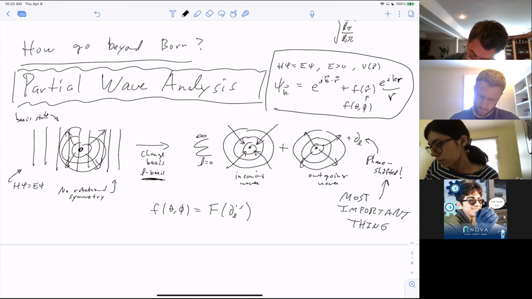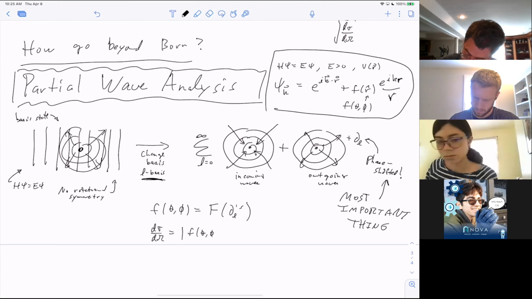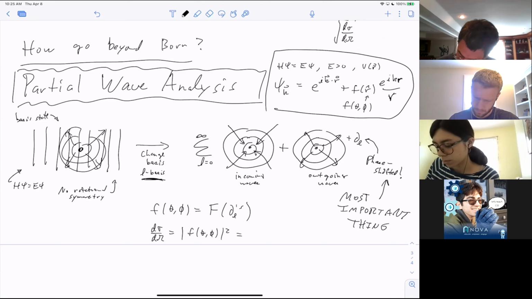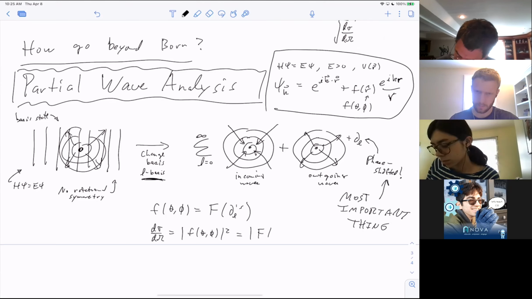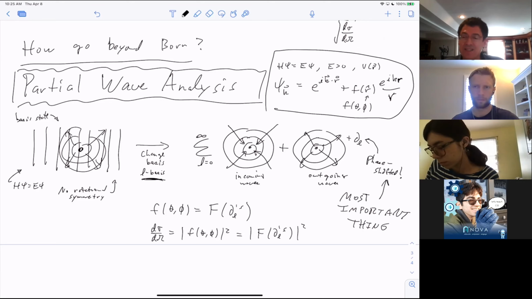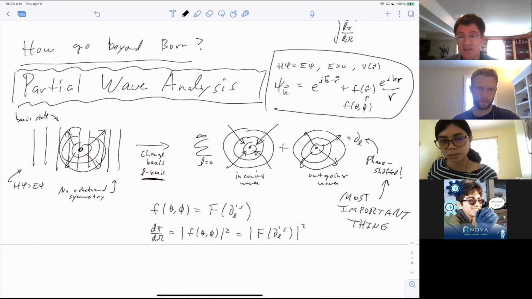And remember that d sigma d omega, which is experimentally the most important thing, is the scattering amplitude squared. So I can write the differential cross section as some weird function of these phase shifts. I haven't told you what that function is yet. And that's why the phase shifts are the most important thing. The phase shifts completely characterize the scattering process.